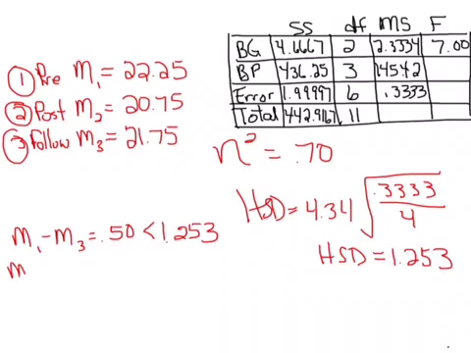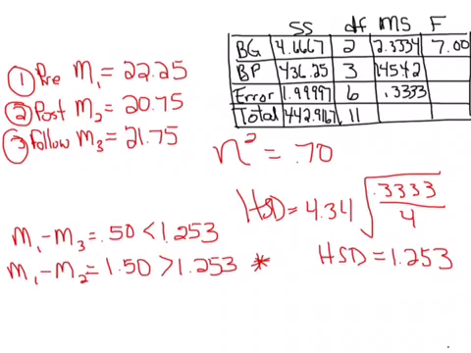Then I did group 1 minus group 2. So 22.25 minus 20.75. And I got 1.50. That's larger than 1.253. So that one is significant between group 1 and group 2.